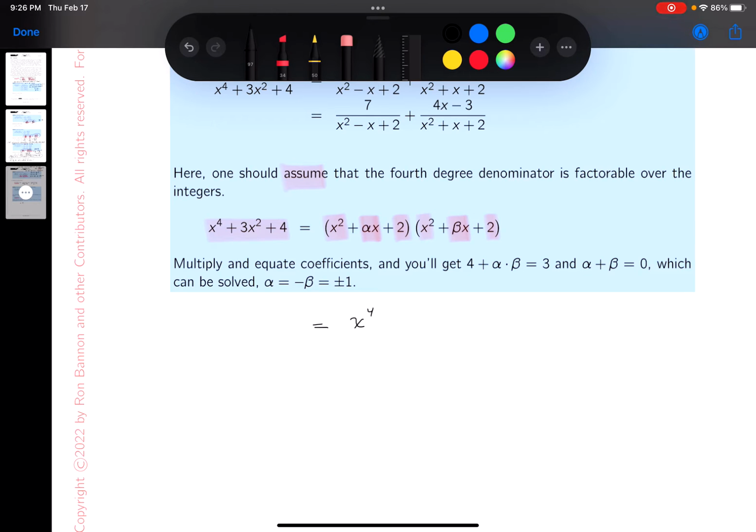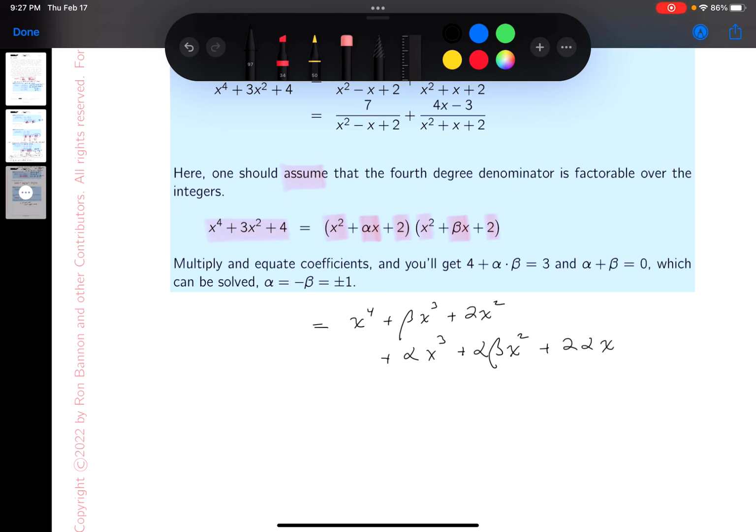x to the fourth plus beta x cubed plus 2x squared. Don't despair yet. What I'm going to get next is plus alpha x cubed plus alpha beta x squared plus 2 alpha x.